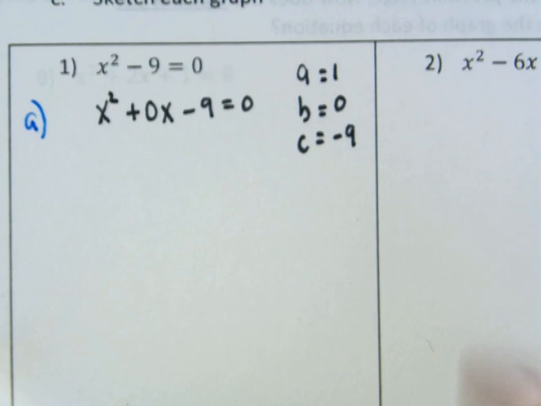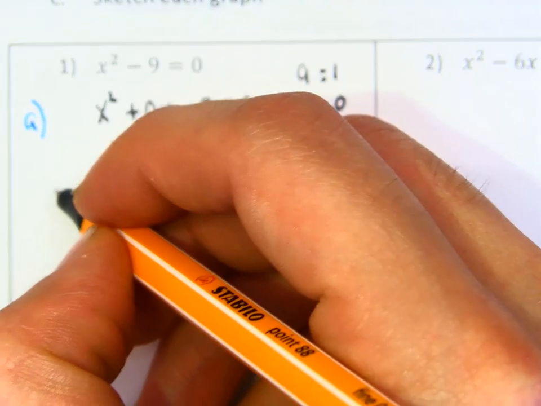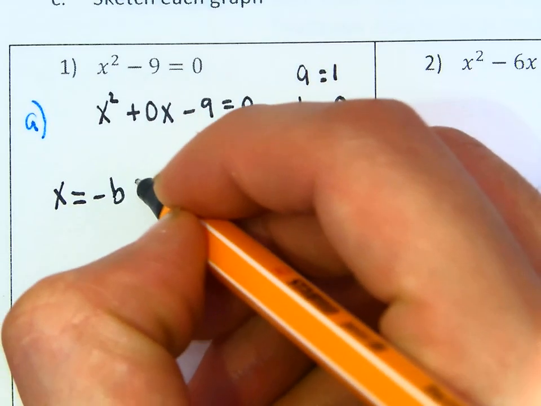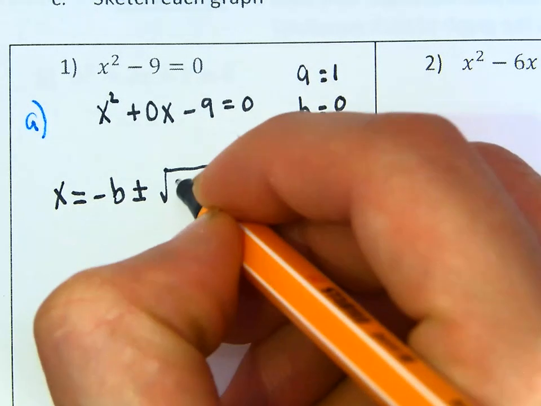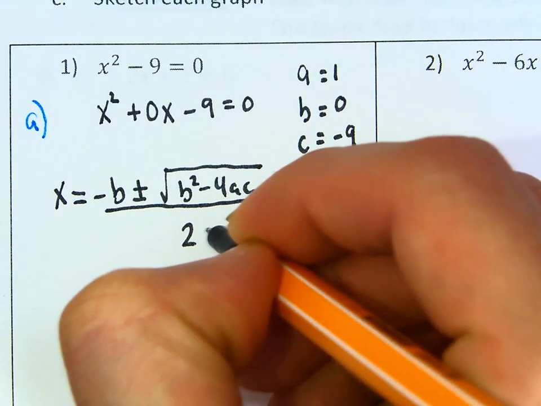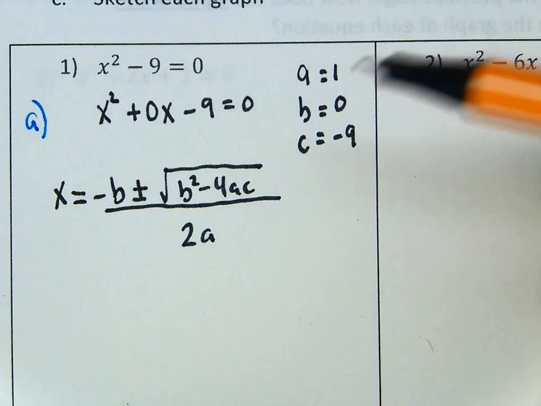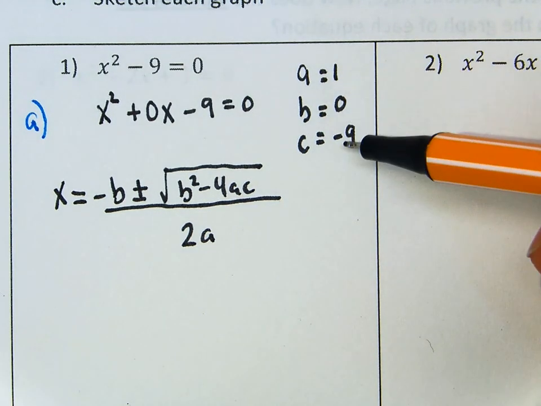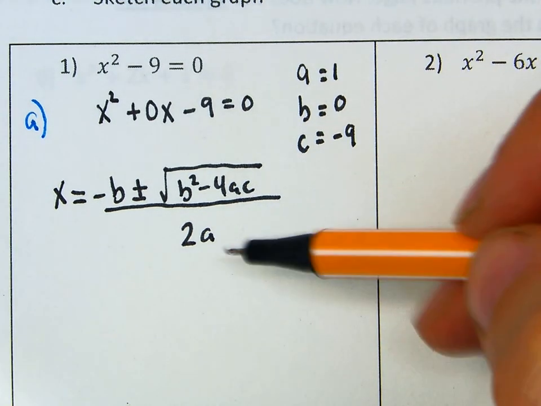Okay, that's better. Now let's use the quadratic formula. So x equals negative b plus or minus the square root of b squared minus 4ac all over 2a. What I want you to do is try and do this by yourself. Plug in a, b, and c into here and see what you get.